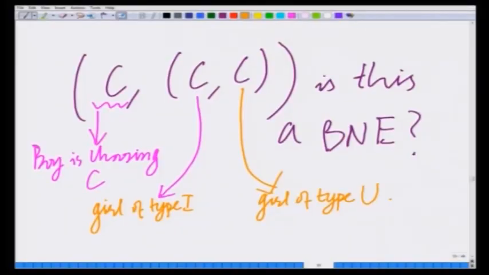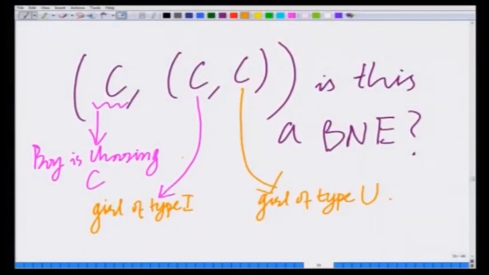We have seen that C of the boy is the best response to C comma C of the girl, that is, where the girl of type I is choosing C and the girl of type U is choosing C. For this to be a Nash equilibrium, CC of the girl has to also be a best response to C of the boy, which means the girl of type I should be playing her best response, and the girl of type U should also be playing her best response.